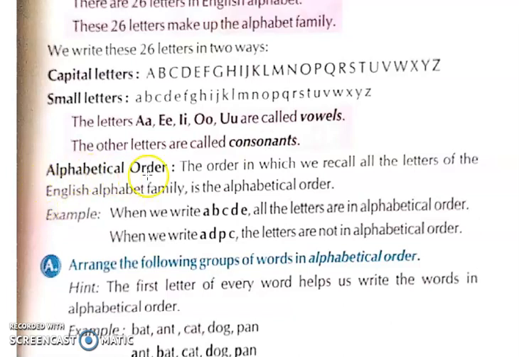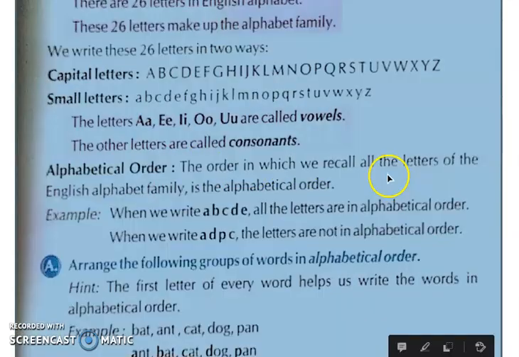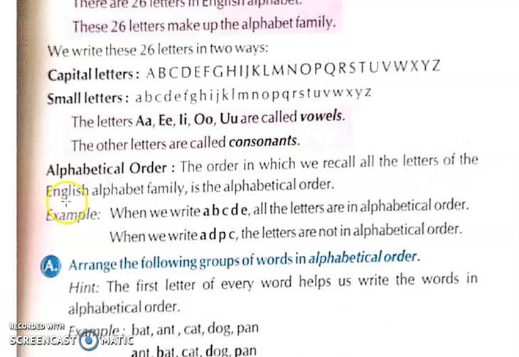Now alphabetical order: the order in which we recall all the letters of the English alphabet family is the alphabetical order. Like I said, this order is fixed. A, B, C, D, E, this is the correct order.